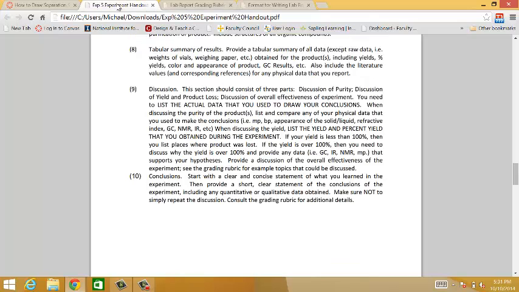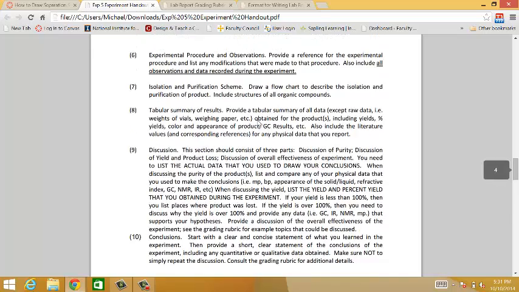Okay, so far what have we done? We've outlined the experiment in the objective. Notice that I do not ask for a background, because I think the backgrounds in first semester organic are a little bit difficult to put together.